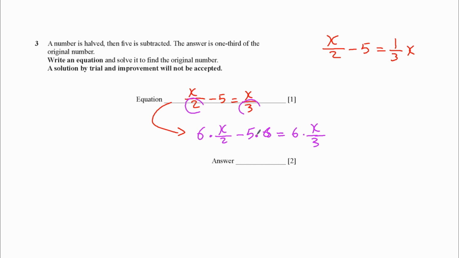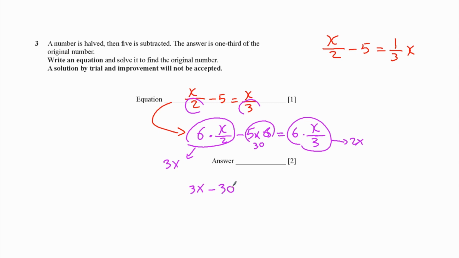So when I'm timing this, if you look at the fraction part, we have a video about that. 6 times x over 2, this is 3x, and 6 times x over 3, that is 2x. And 5 times 6 in the middle is 30. I'm just going to write 30. So basically what we have is 3x minus 30 equals 2x.